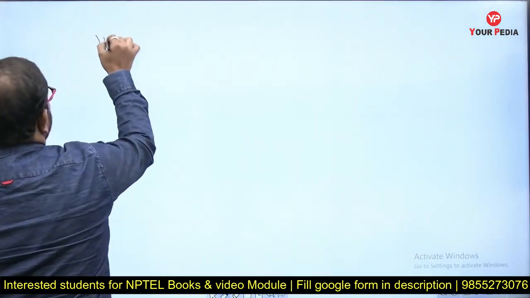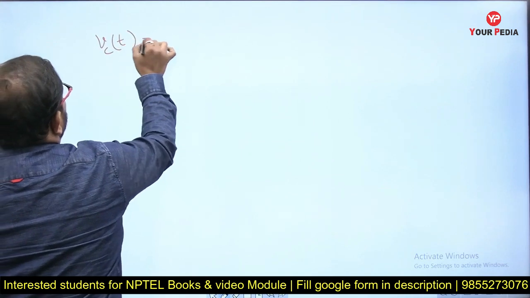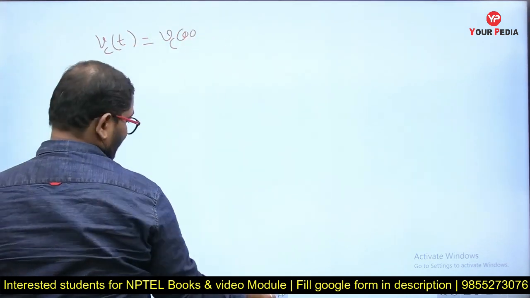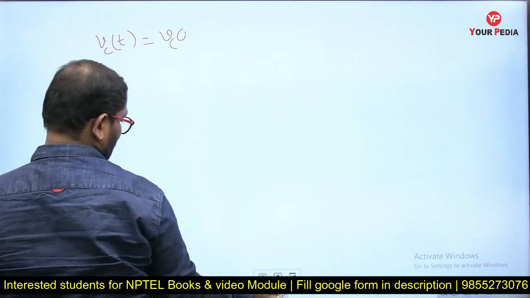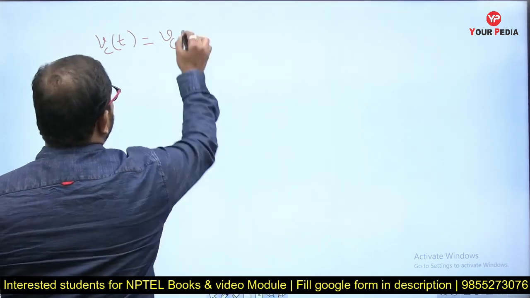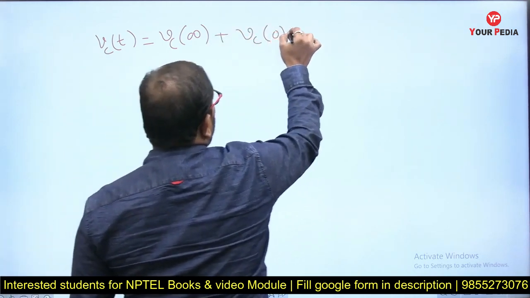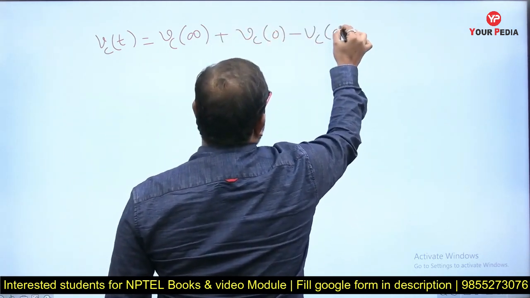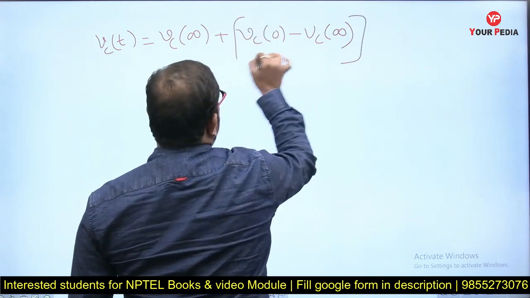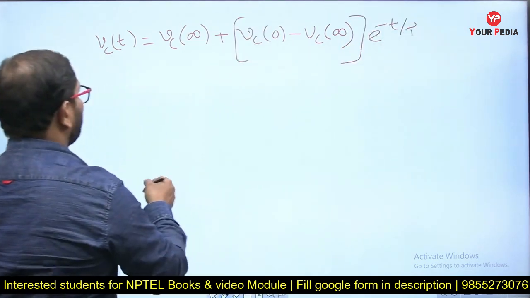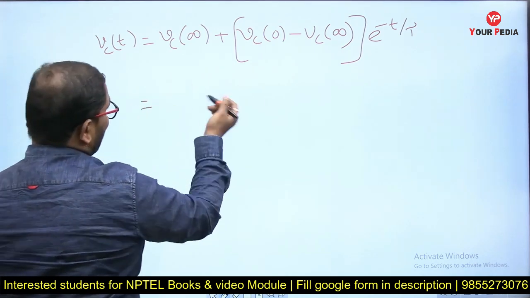The final expression of your capacitor voltage is equal to Vc of infinity, the final value, plus initial minus final, into e power minus t by tau. So tau is RC. Let's substitute all the values.